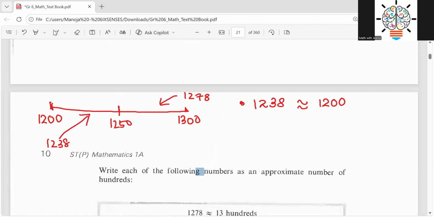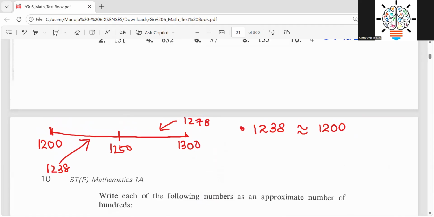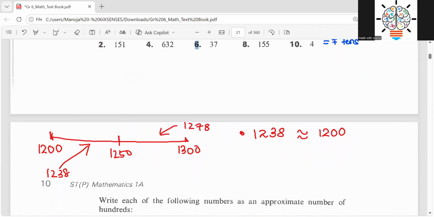Now you just see, children, if you have 1238. Here they have asked us to correct it to hundreds. 1238 is closer to 1200 because it has not passed 1250. So 1238 is approximately equal to 1200.